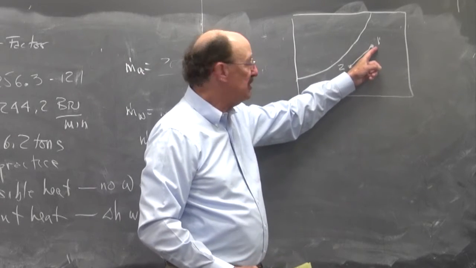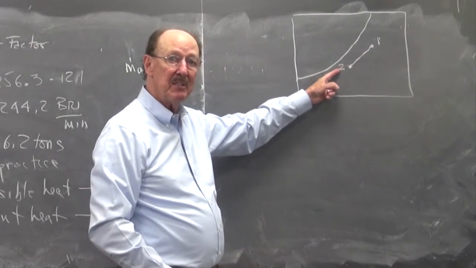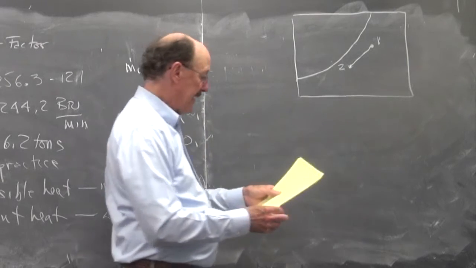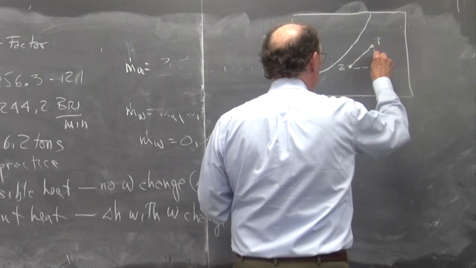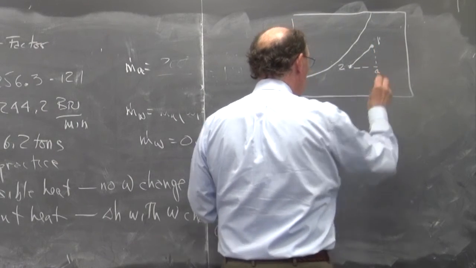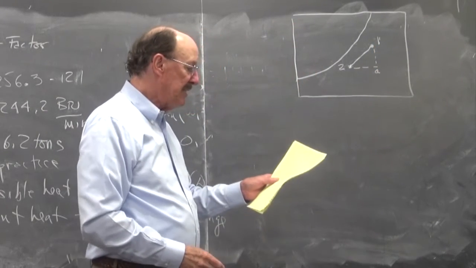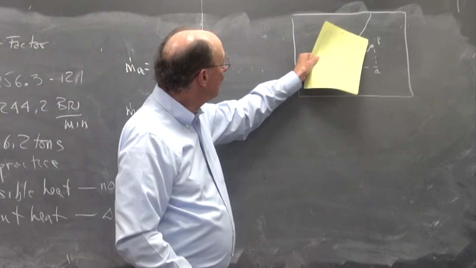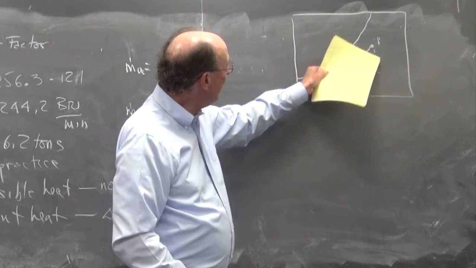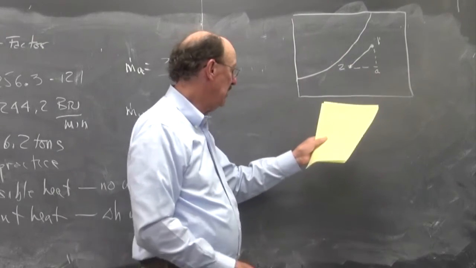We're looking at the system changing from here to here. And when I do that, I can break this into a change of latent heat, which is for the mass flow rate from 1 to A, and a sensible heat change the other way.